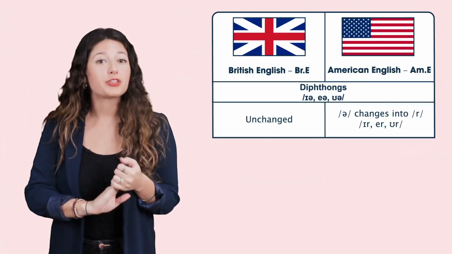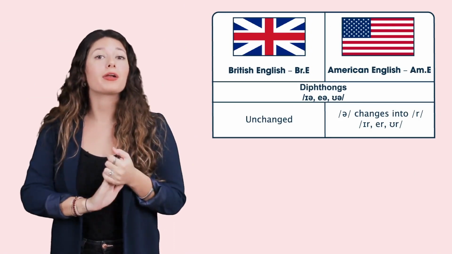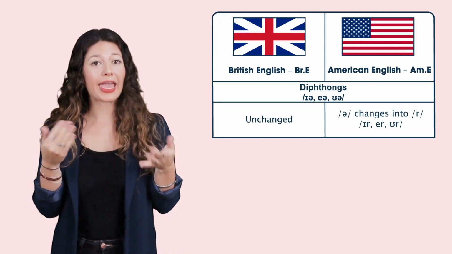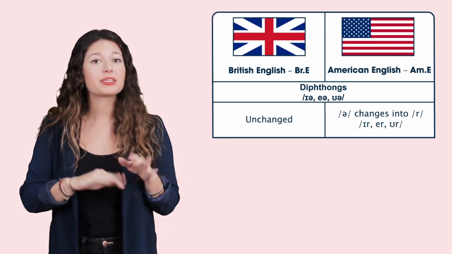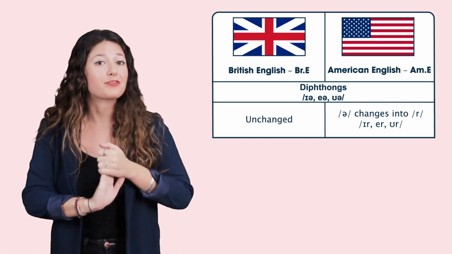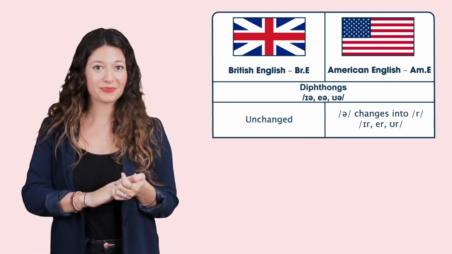Finally, there are no ia, ea, ua in American English. They are replaced by ear, air, or. So, you don't have to remember these diphthongs because they are the familiar monophthongs going with the r sound.